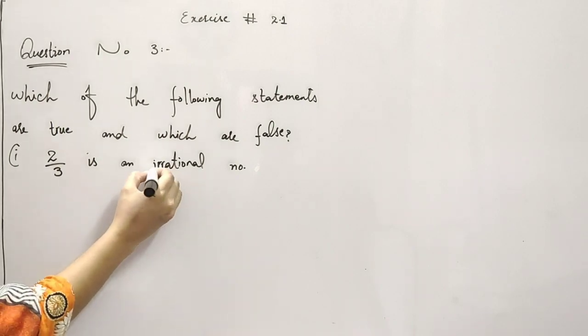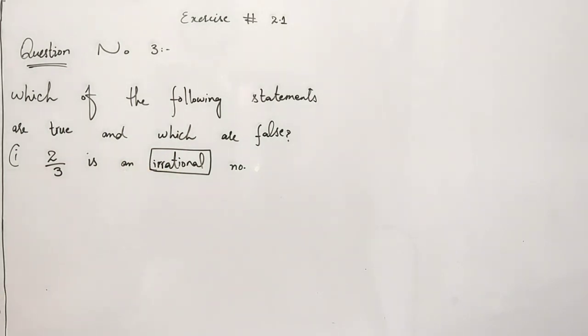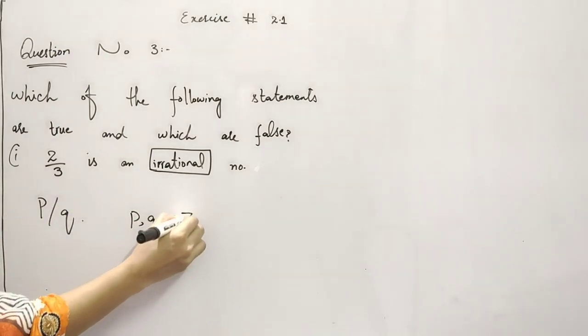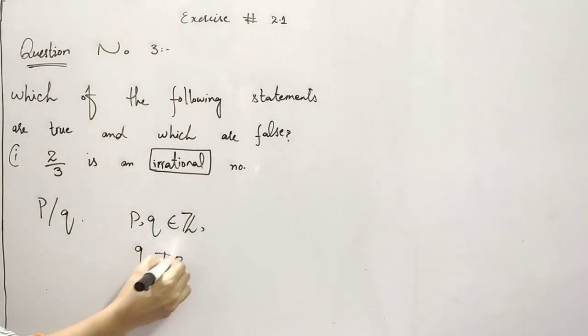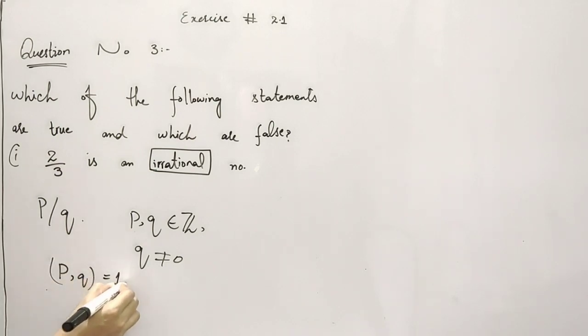First of all, what is an irrational number? A number which cannot be written in the form of p over q, where p and q belong to the set of integers, q is not equal to 0, and p and q are relatively prime.